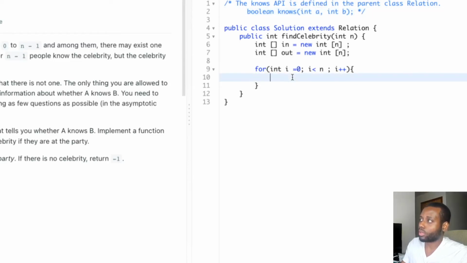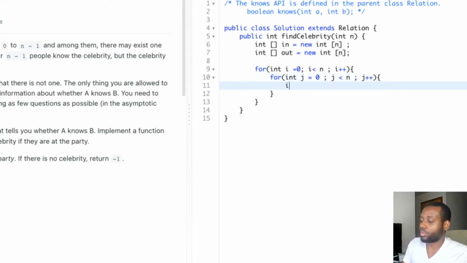This loops through every node, and then for every node, we loop through all the n-1 other people. We need to check every other node to see the relationship we have with them. So that's why we have this. That is straightforward. I do j is less than n, j plus plus.